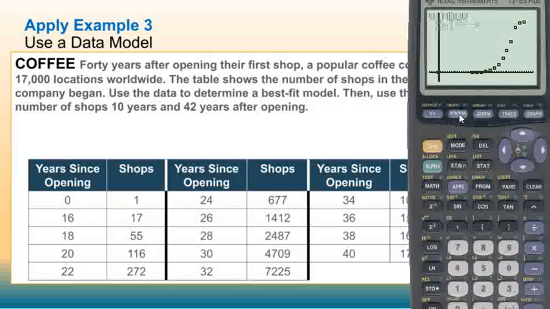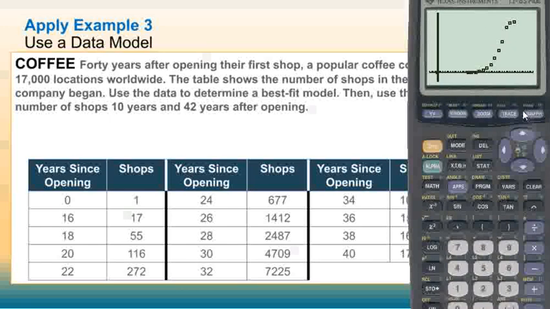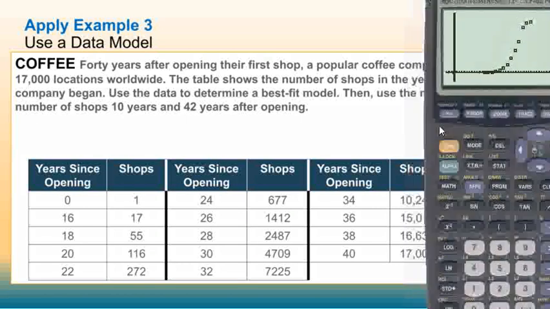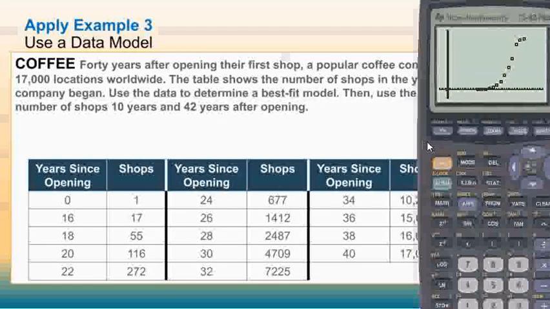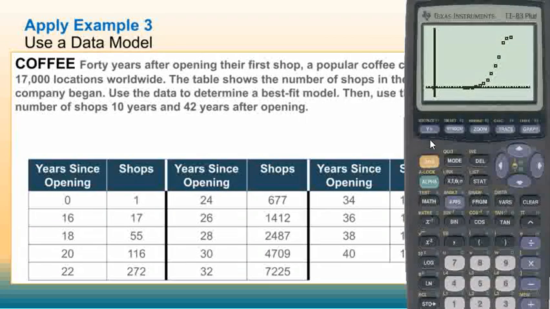So if I change my window settings, let's go to, if I did 50 and then graph. All right, so from here we need to use the data to determine the best fit. So this one looks like it would be exponential. So let's see if we can get that exponential to work.